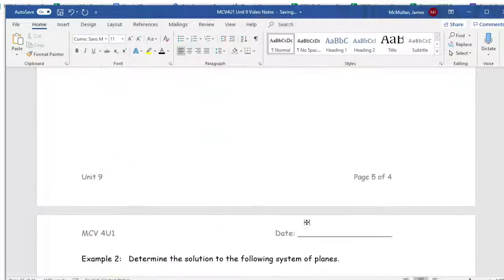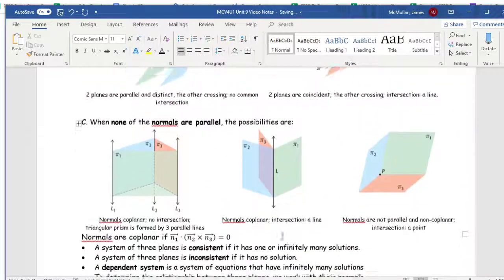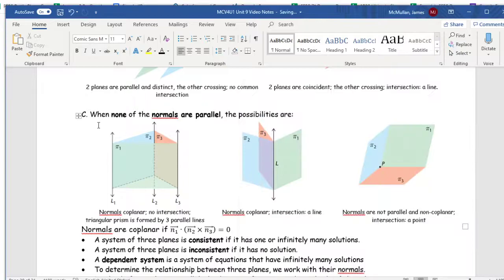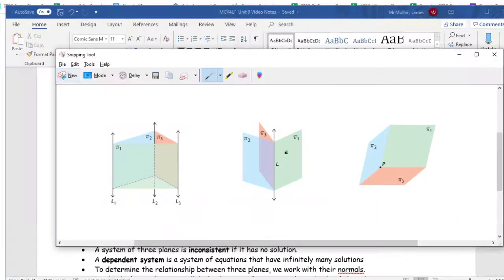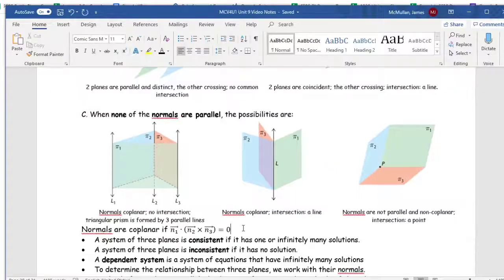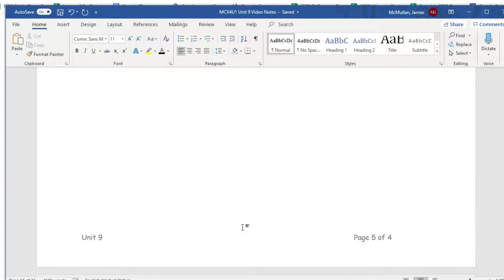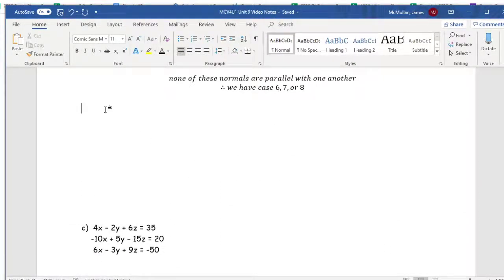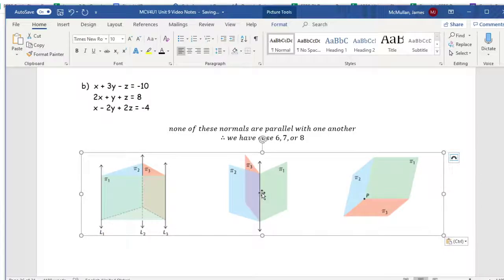Okay, I'll just do this a bit faster this time. So we are trying to tell the difference between one of these three. Now, what we're going to attempt to do is solve it.